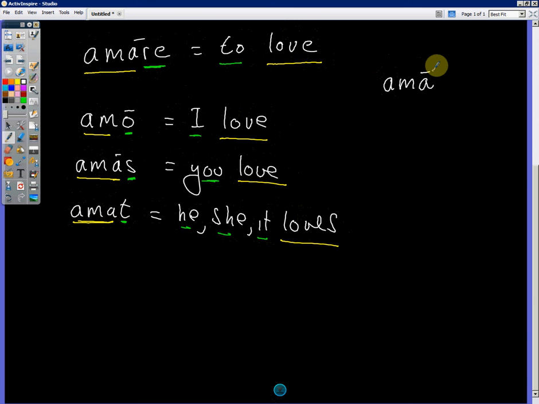But when you combine it with an o, like amo, the a drops out, so it was just am that meant love. And when you combine it with a t, the macron drops out, so this time it's ama without the macron. All of those forms, ama, am, or ama, mean either love or loves, because remember, amat means he, she, or it loves.